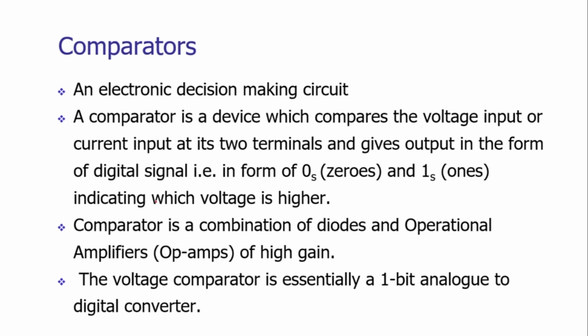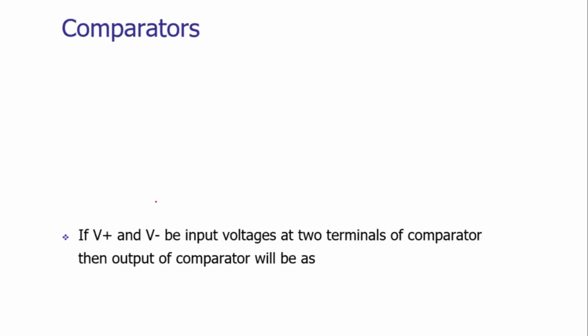The meaning is that a simple voltage comparator will take the input at its input terminals and will convert the analog signal into a 1-bit digital signal. So let us see how the comparator works.